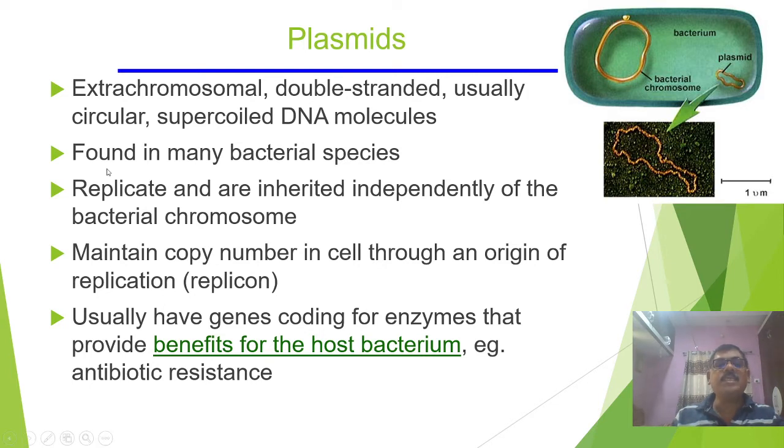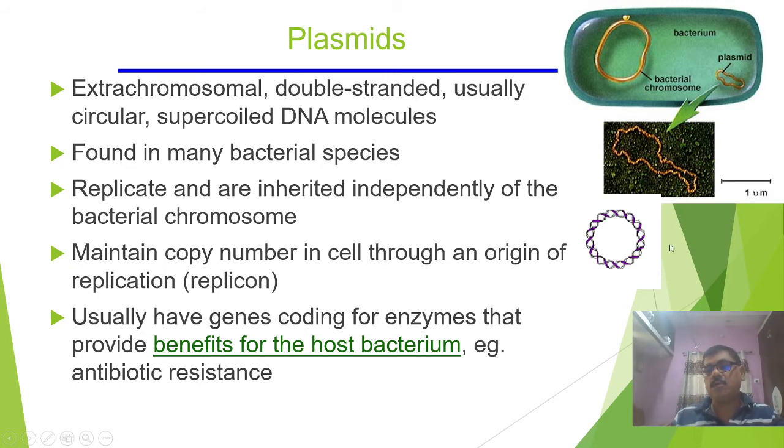Plasmids are extra chromosomal, double-stranded, usually circular, supercoiled DNA molecules present in many bacterial species, and they replicate and are inherited independently of the bacterial chromosome. They maintain the copy number in the cell through an origin of replication. What is the copy number?